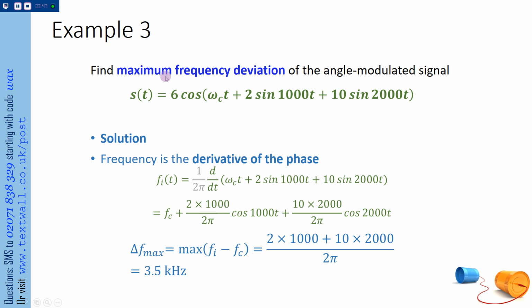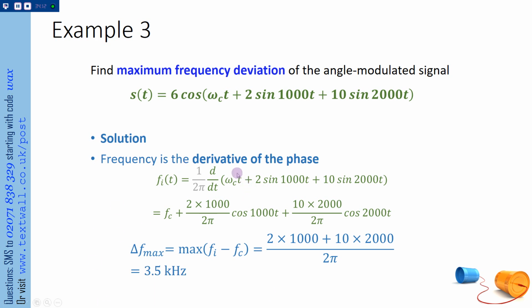The phase is the bit between the brackets. All of that, all that angle, that's the phase. The only reason we divide it by 2 pi is to get it in hertz rather than radians per second. So you take the angle between brackets, take the derivative, divide by 2 pi, that's your instantaneous frequency.